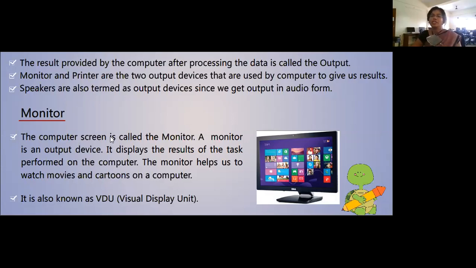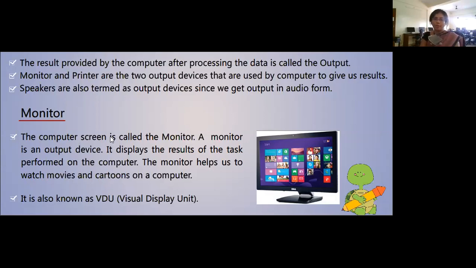If I do a calculation, as I was taking this example yesterday also, if I want to do 2 plus 2, I want to know the result. Will the computer tell me in my ears? No, it will not tell me in my ears. I have to see that answer. Where will I see it? The result is shown on the monitor.